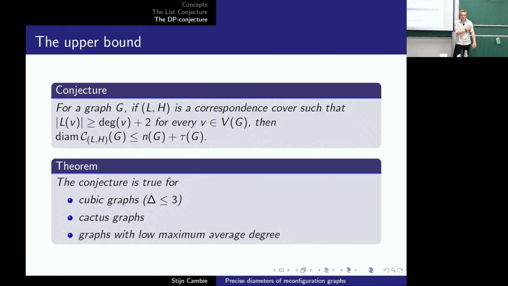For example, the radius of a graph is similar. The diameter is about the maximum distance, and the radius is about finding a vertex which is somewhat central, so that the maximum distance between this vertex and any other one is at most r. The smallest r for which you can find such a vertex is the radius.